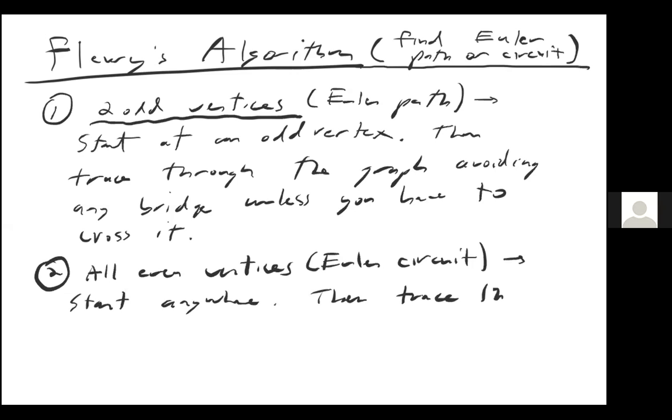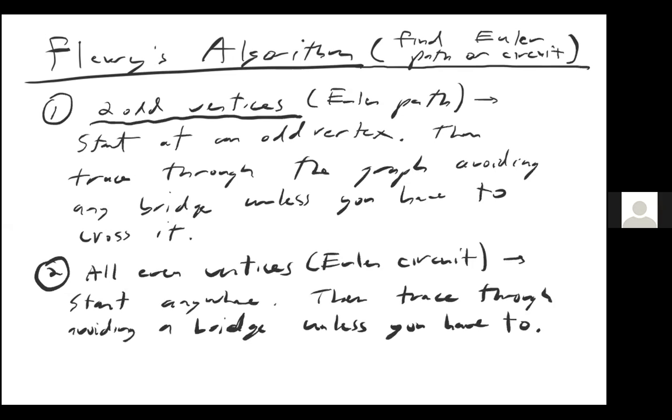Then trace through, avoiding a bridge unless you have to. So basically, Fleury's algorithm says if you have an Euler path, start at one of the odd vertices and trace through, avoiding bridges. With all even vertices, trace through and avoid bridges. The only time you take a bridge is if it's your only choice left at a given juncture.